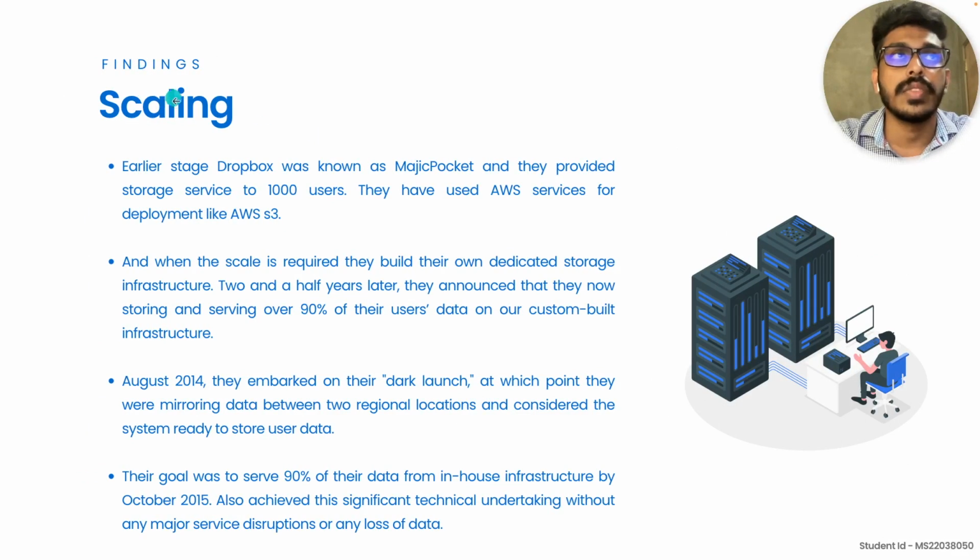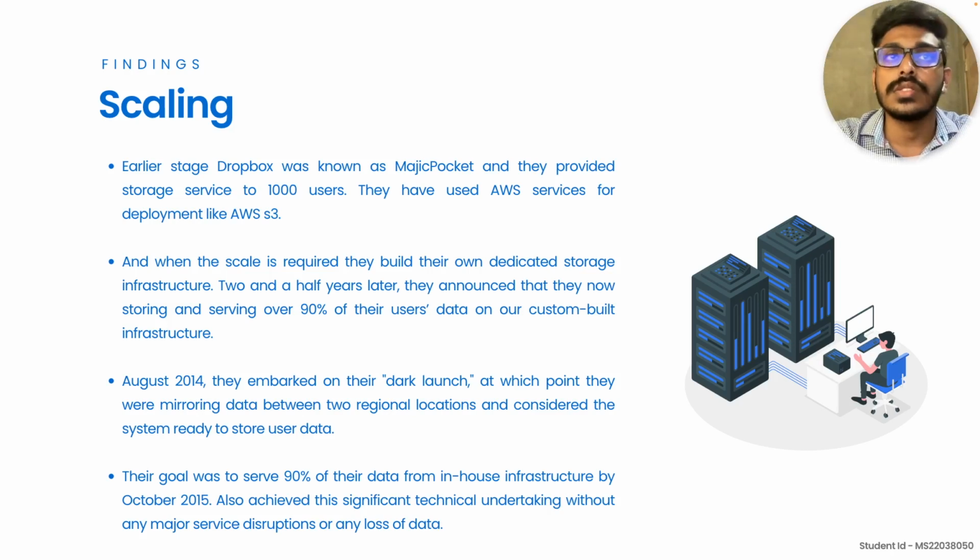This is about my findings about scaling in Dropbox. At an earlier stage, Dropbox was known as Magic Pocket, and they provided storage services to only 1,000 users. They used AWS services for deployment, like AWS S3.